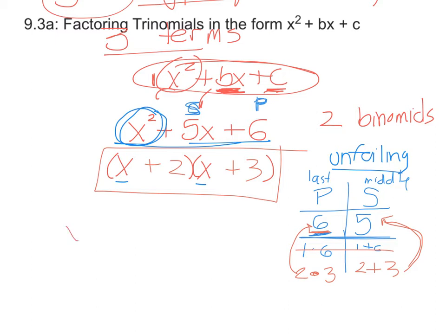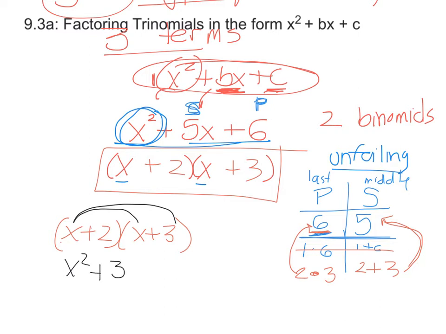Now, go back and think about what you did in Chapter 8 when you had two binomials and you were FOILing, multiplying them together. So you're distributing the first one twice. So that would be x squared plus 3x, and then the second one twice. So that's plus 2x plus, we're multiplying when we're distributing, plus 6.